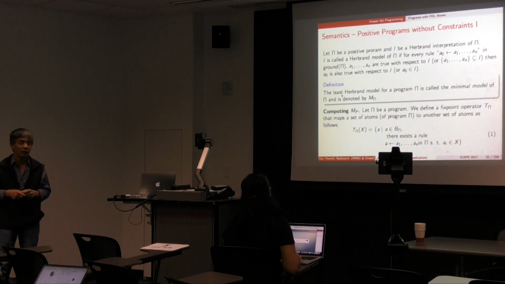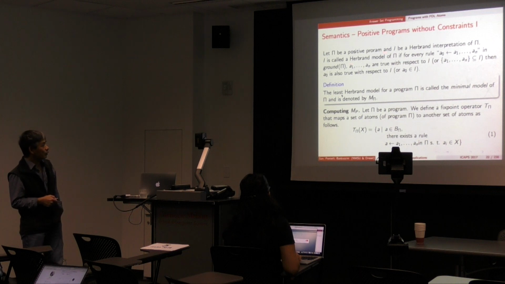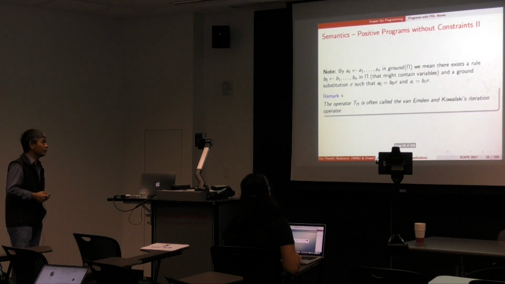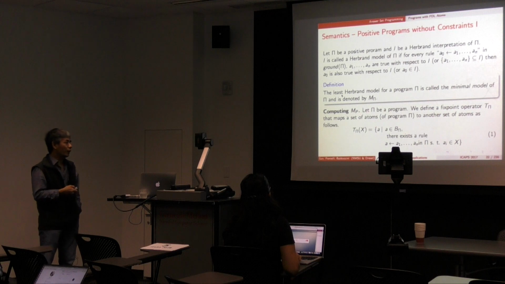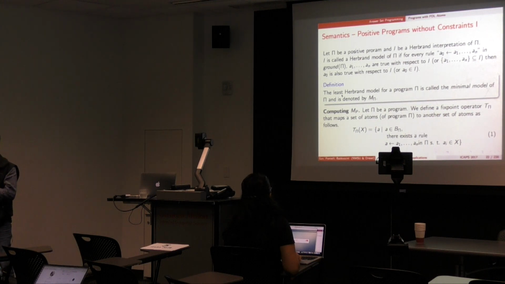A model of the program satisfies all the rules: if we have the interpretation I, then it is a model of a rule if whenever the body is true, then the head must be true. Basically one can show that this minimal Herbrand model is actually the result of the TP operator for a positive program.